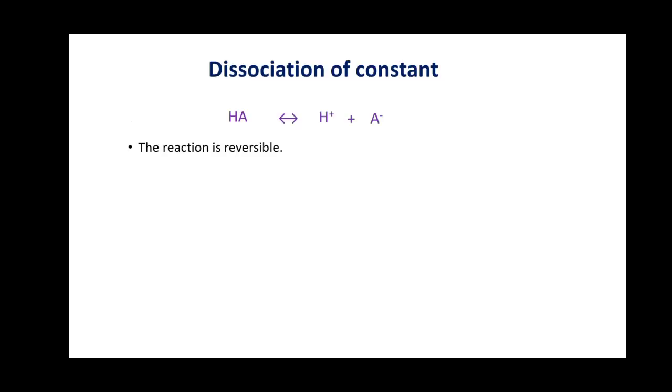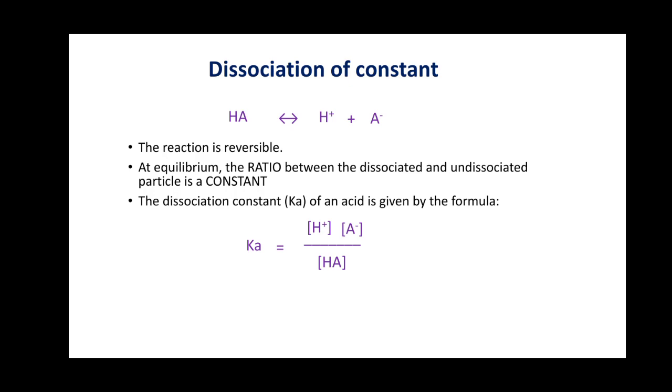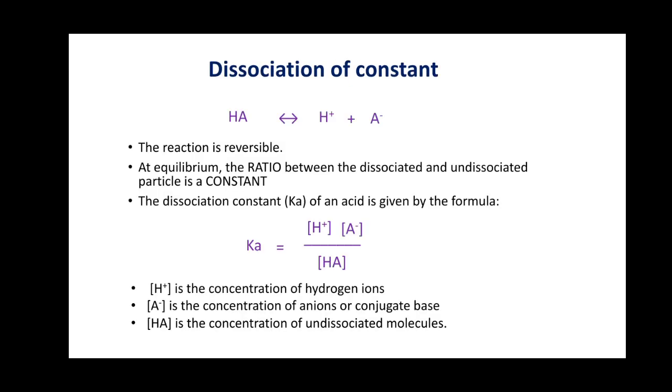Here we can see the dissociation constant. As the reaction is reversible, at equilibrium the ratio between the dissociated and undissociated particles is a constant. The dissociation constant Ka of an acid is given by the concentration of hydrogen ions multiplied by the concentration of the conjugate base ions, divided by the concentration of the undissociated molecule.